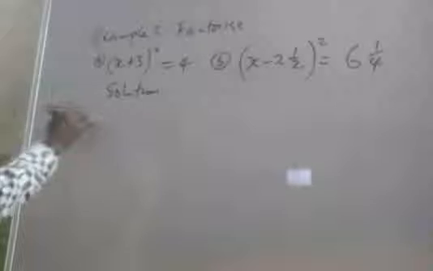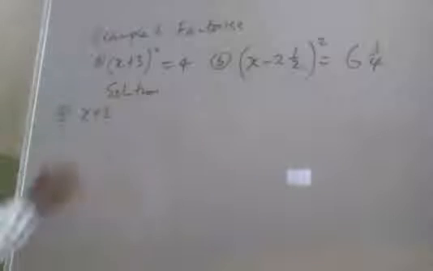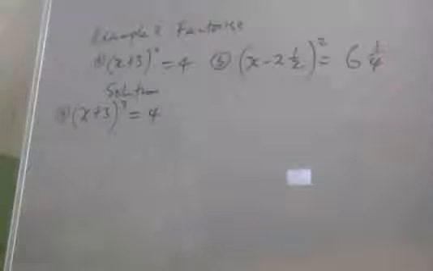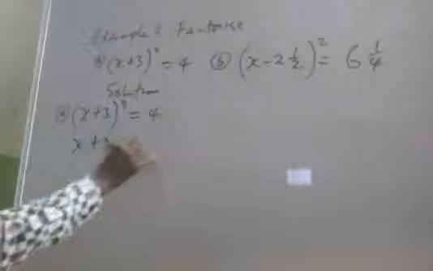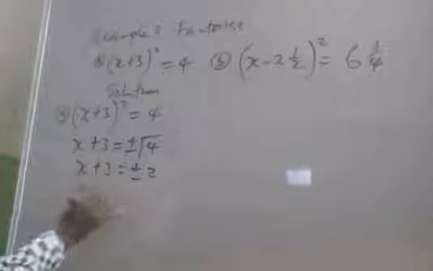You have x plus 3 all squared is equals to 4. Remember, if you take this square to this side, it becomes plus or minus. So you have x plus 3 is plus or minus the square root of 4. x plus 3 is equals to plus or minus 2. The square root of 4 is 2. And so your x will be equals to, take minus 3 to this side, minus 3 plus or minus 2.